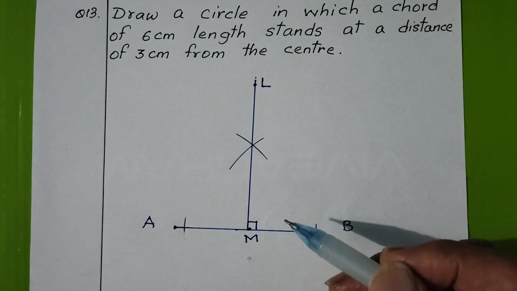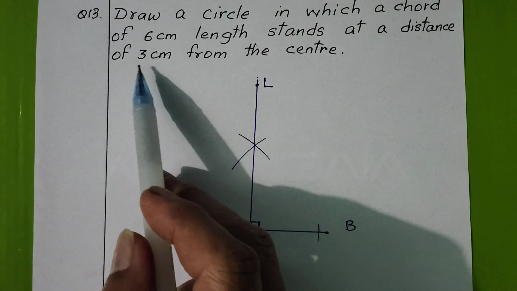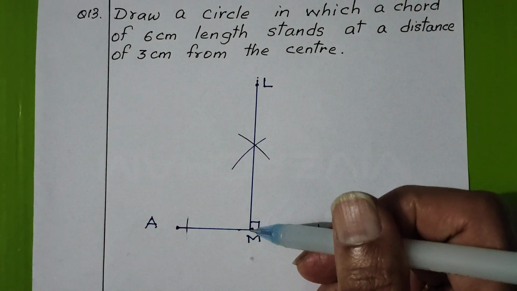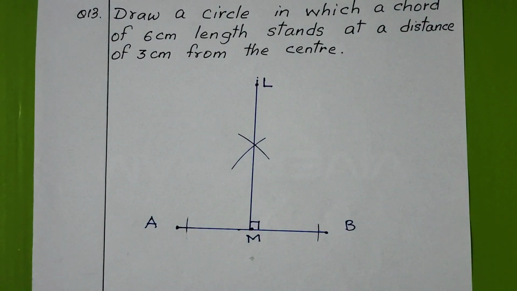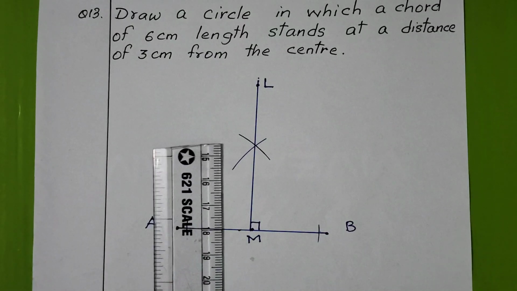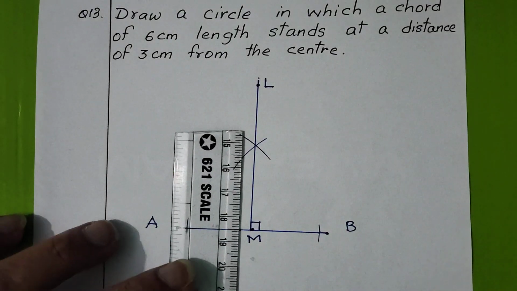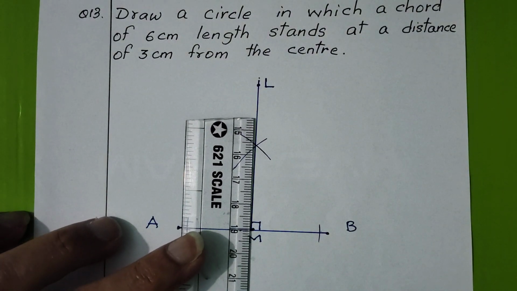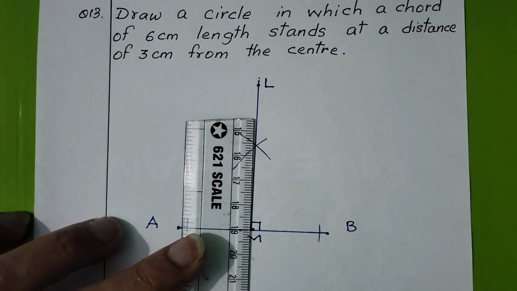So the chord should be 3 centimeters away from the center. So from M we will mark 3 centimeters.